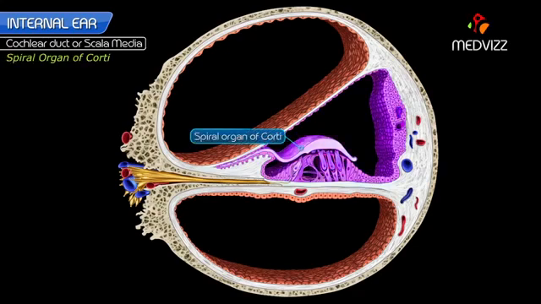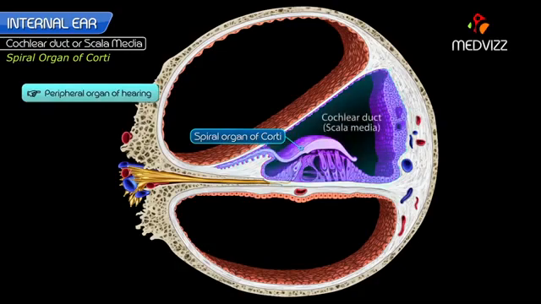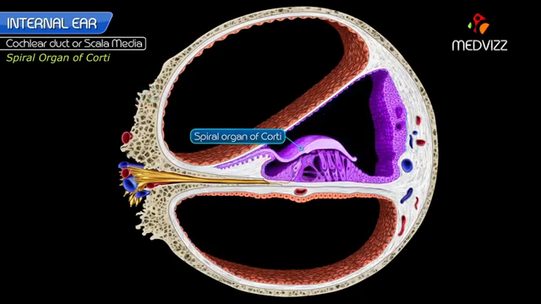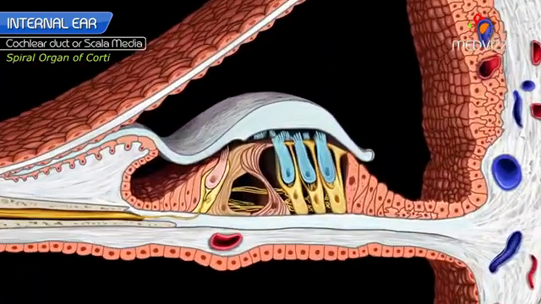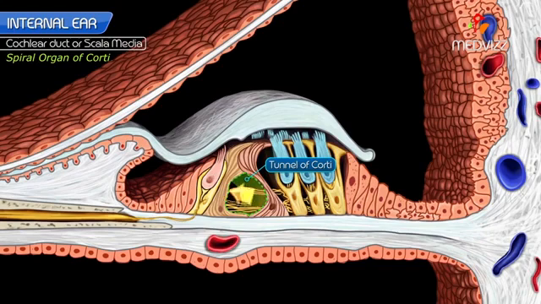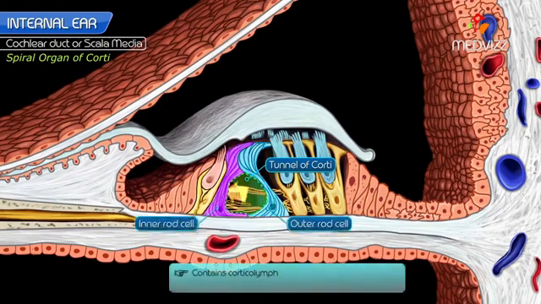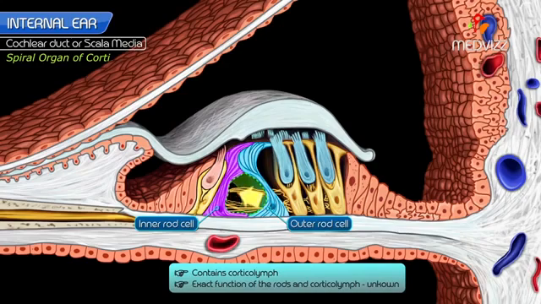Spiral organ of Corti. It is a peripheral organ of hearing and is located in the cochlear duct. It is situated on the basilar membrane. The important parts of the organ of Corti are as follows. Tunnel of Corti. It is formed by the inner and outer rod cells. It contains a fluid called corticolymph. The exact function of the rods in corticolymph is unknown.